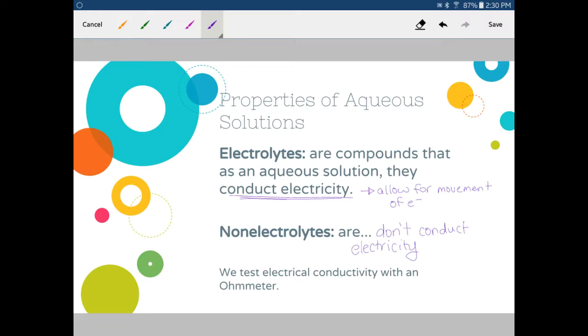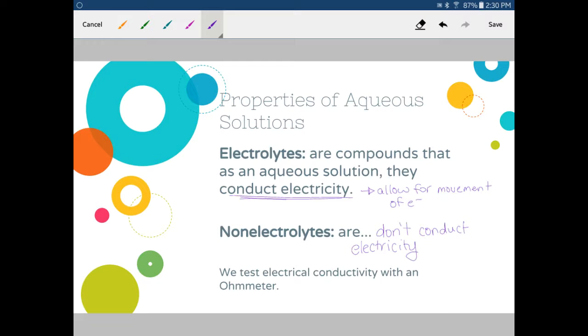Now, electrolytes are also entities known as ionic compounds. Often when we hear the word electrolyte, we think of a sports drink that has lots of sugars and salts in it to help rejuvenate your body and hydrate your body. But electrolytes are a bit more than that. They're entities, again, that possess a charge and they allow for the movement of electrons.